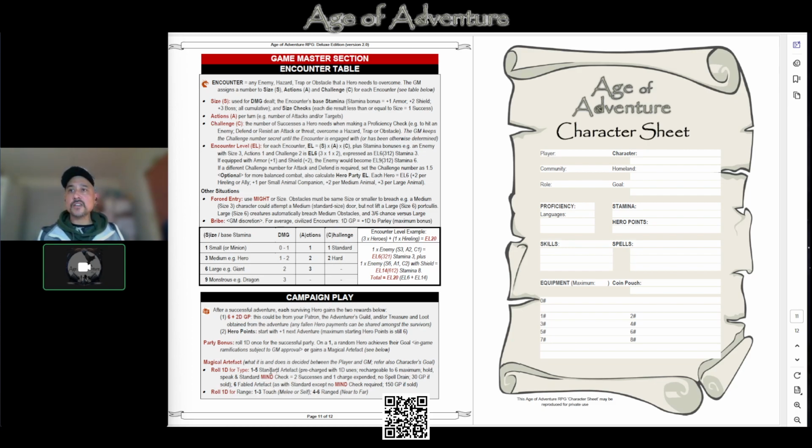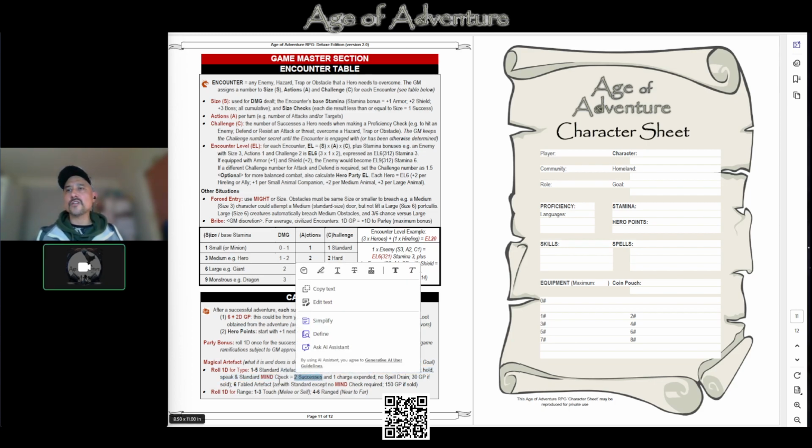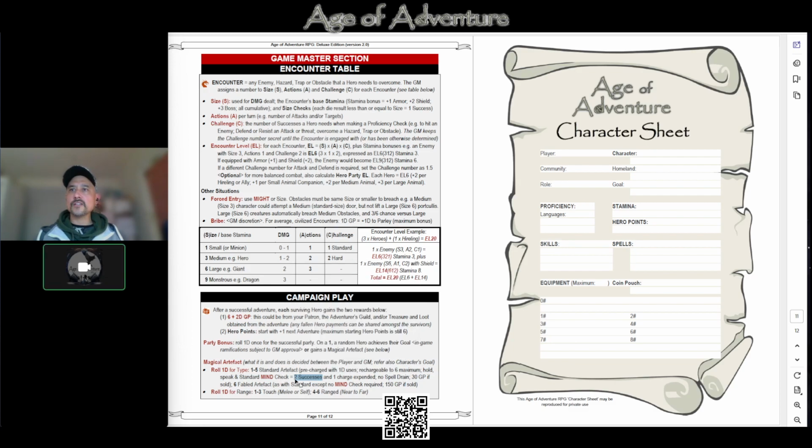If it's a standard artifact, then they make a mind check, and then that creates the magical arrow that fires automatically for 2 successes. So no roll required to hit, it's just the mind check. But if it was a fabled artifact, then they could conjure that arrow, it would hit a target, no mind check required. So good times for the player character that finds that baby. There's also a roll you need to make to see if the artifact is a touch item or a ranged item. So there's some rules there for getting players more powerful for subsequent adventures.